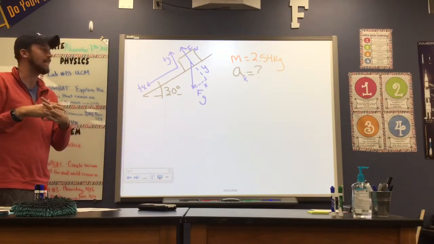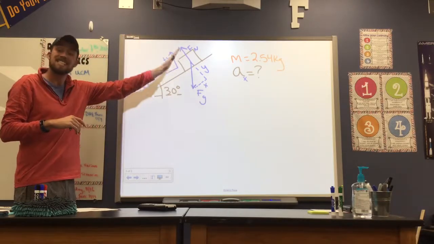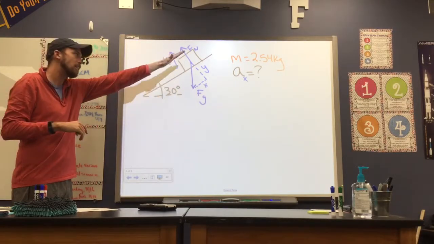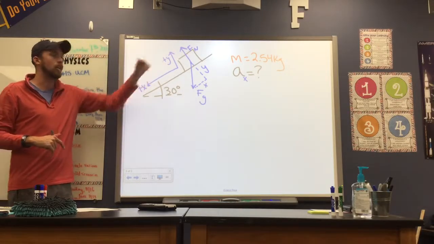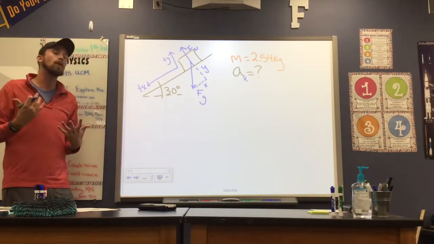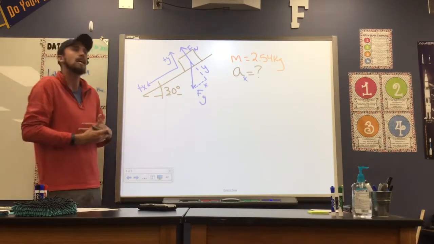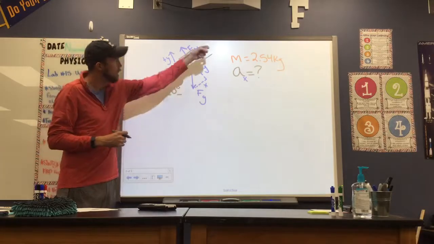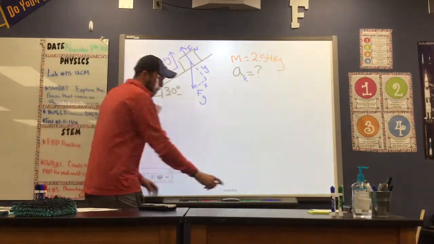It's not going to move up off the plane or sink down into the plane. It's going to be moving along that surface, which is why we've called that our new x direction. So really all we need to do here is figure out what force is causing it to do that, and then calculate that force and use our mass to find an acceleration using Newton's second law.